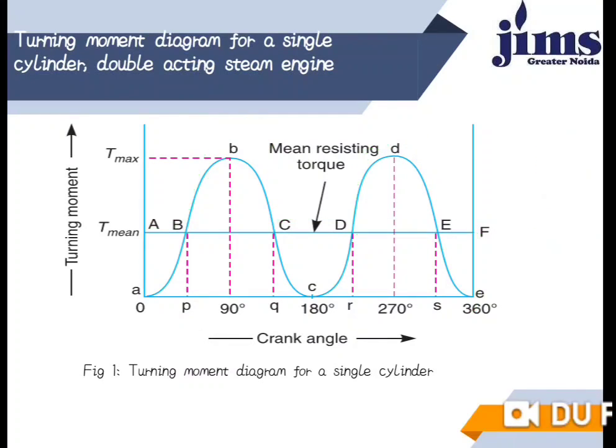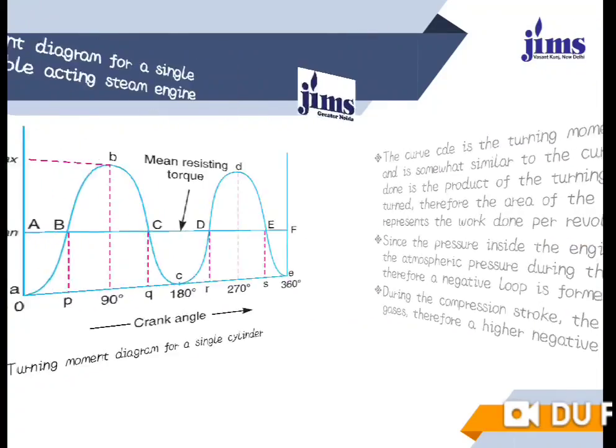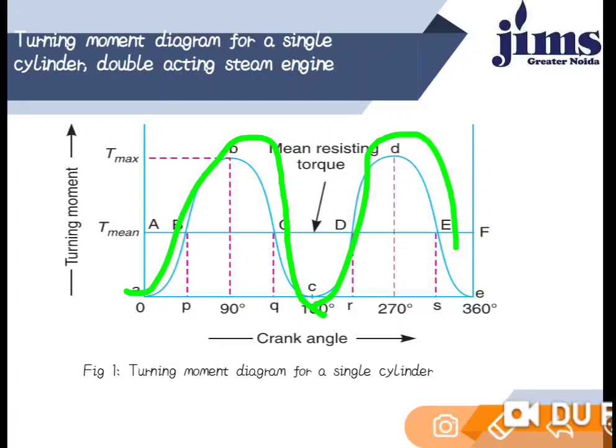Okay, so now the curve CDE is the turning moment diagram for the inner stroke, and similar to curve ABC, you can see this one is ABC, and this one is CDE.